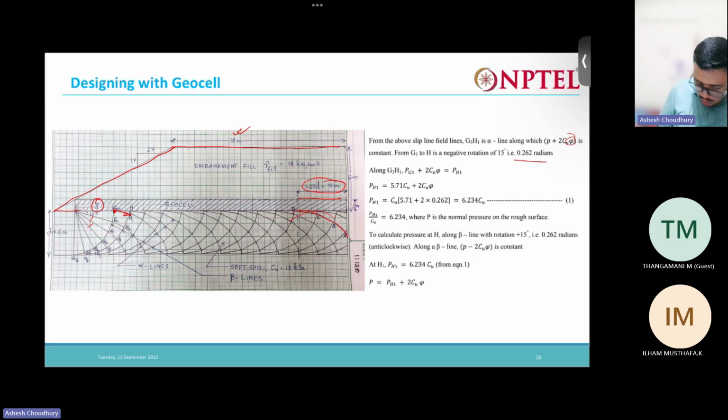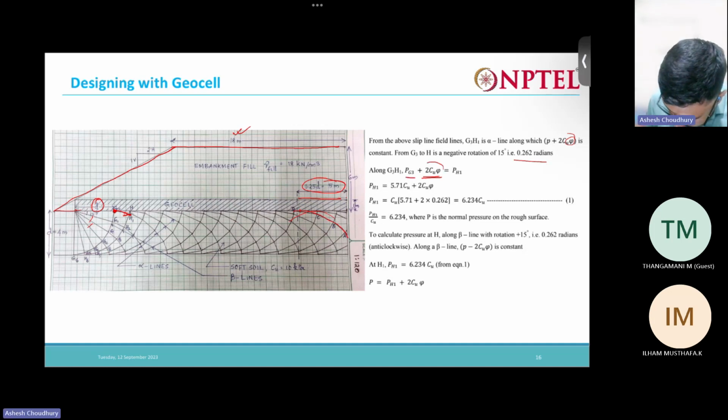Now if we want to go from G3 to H1, what we need to do is add 2Cu theta to that. Then we will get the pressure at H1. This is how the slip line method works. At one point we know the stress or the pressure, and using the slip lines you can calculate from one point to another, like a network. We can calculate the pressure at all points.